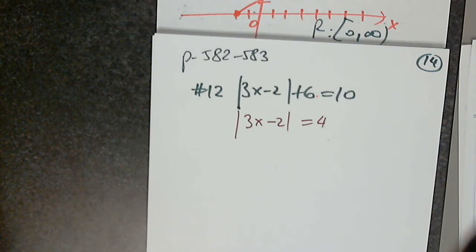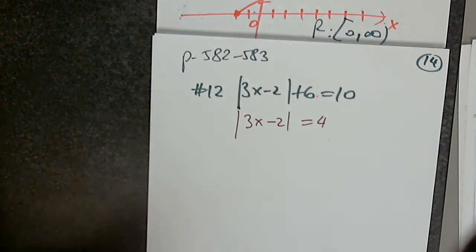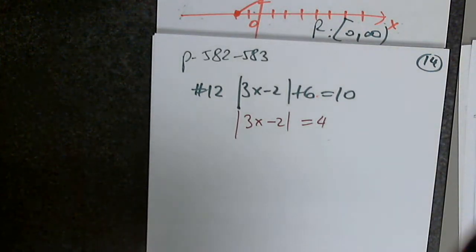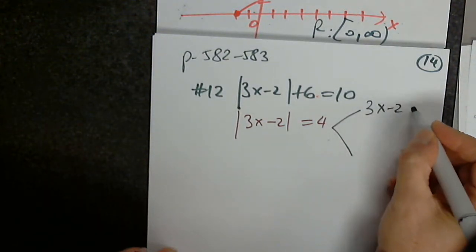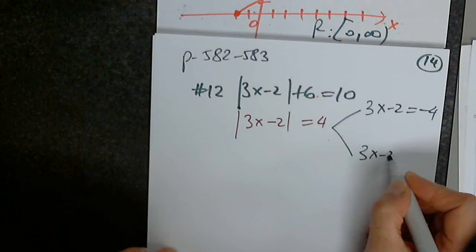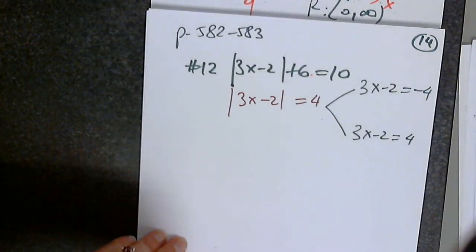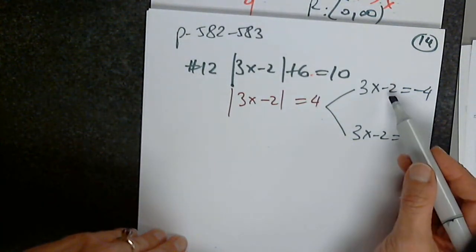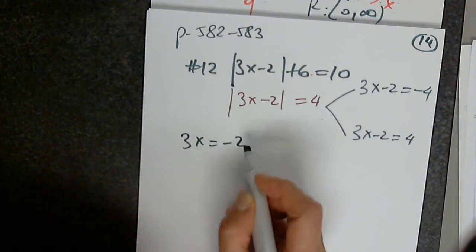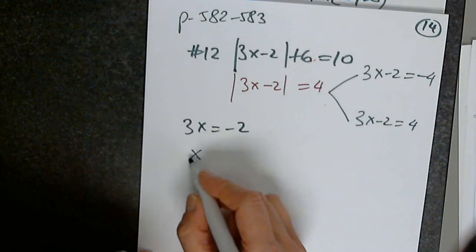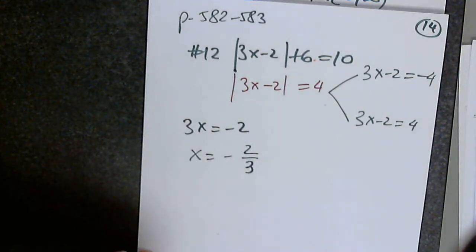Yes. Good. So now what are the options? 3x minus 2 equals negative 4, or 3x minus 2 equals 4. Excellent. So I add 2, and I have 3x equals negative 2, which means x equals negative 2/3.